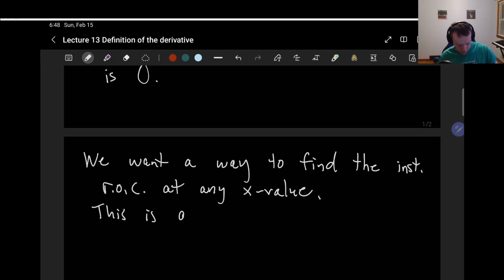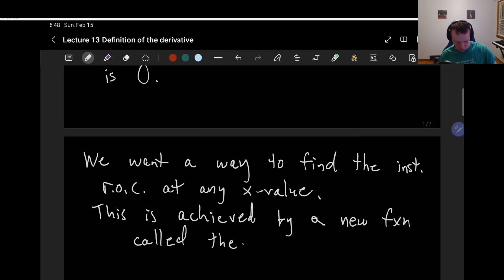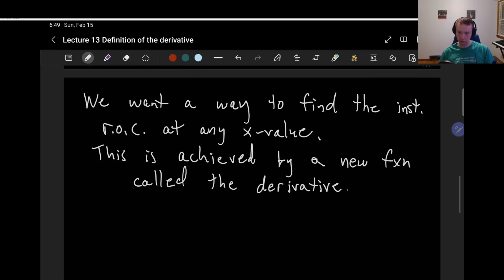And this is achieved by a new function called the derivative. So the derivative is essentially a formula that will let us find the instantaneous rate of change at any point.